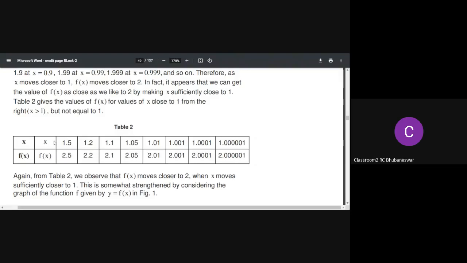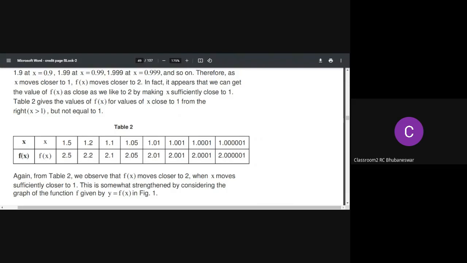Similarly, if we approach the value of x from the right hand side, that means we are now approaching x equal to 1 from the right hand side. That means first we started our calculation from 1.1, 1.2, 1.5, then 1.01, 1.001, and similarly 1.0005, and look at the value. The value is decreasing, decreasing, decreasing towards approximately 2.